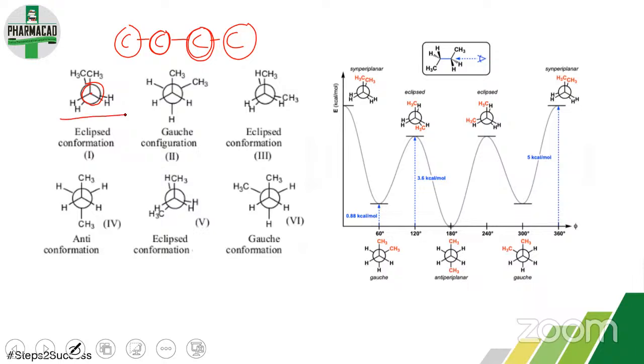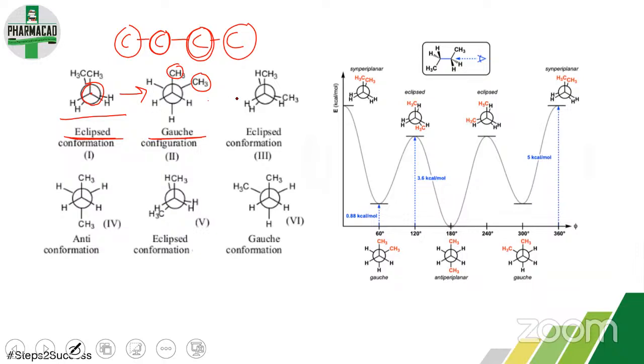This is eclipsed because the angle between the 2 methyl groups is 0. When we rotate by 60 degrees, it becomes staggered, the gauche. This first one is fully eclipsed. This is partially staggered because 2 bulky groups are nearer to each other.